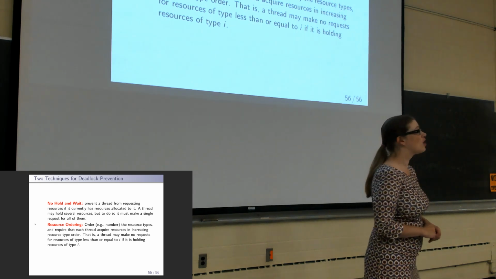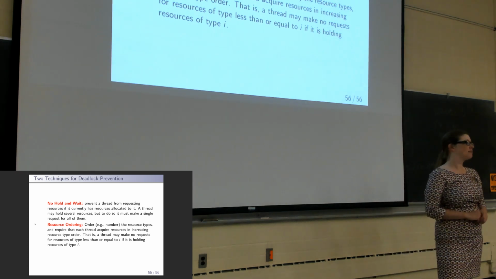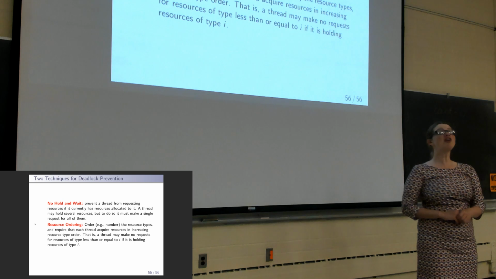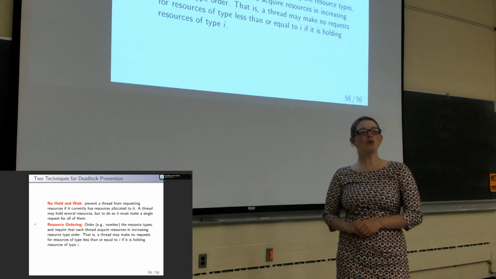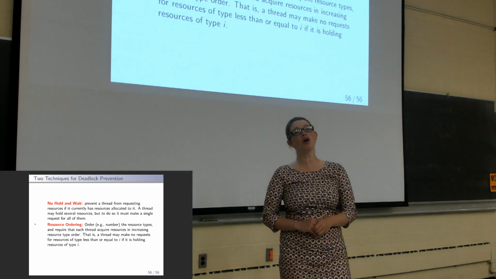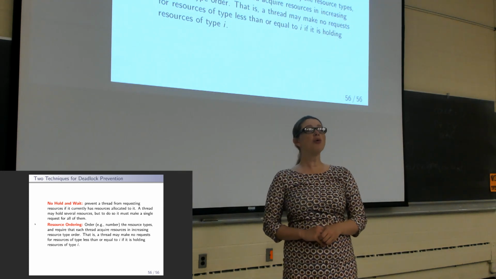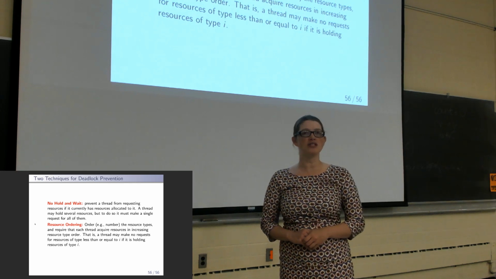One of them is called no hold and wait. And what no hold and wait says is, you may not wait while you own a resource. And when we say wait, we don't just mean you are not allowed to block while you own a resource. You are also not allowed to spin while you own a resource.